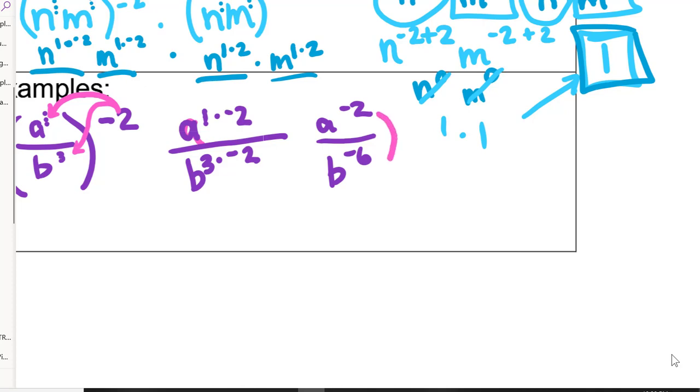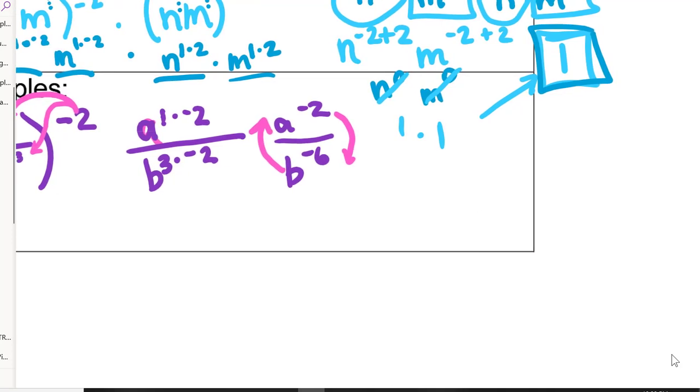So the easiest thing to do is, if it's negative here, if I send it across the fraction bar line, it's going to become a positive. Same thing here. This b to the negative sixth, if I send it across the fraction bar line, then my exponent, not the base, will become a positive. So look what happens here. We end up with b to the sixth over a to the second, or divided by a to the second, as our final answer here.